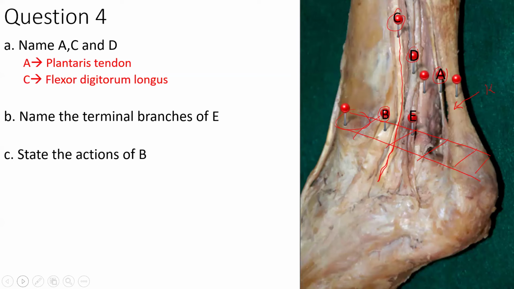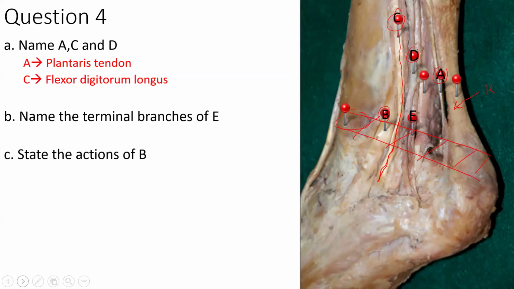I'll show you a mnemonic which will make you remember how these structures are arranged within the tarsal tunnel, so that you don't confuse them as I have. So that is the flexor digitorum longus tendon.